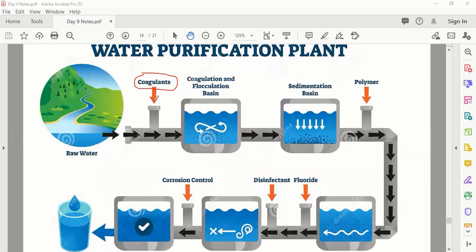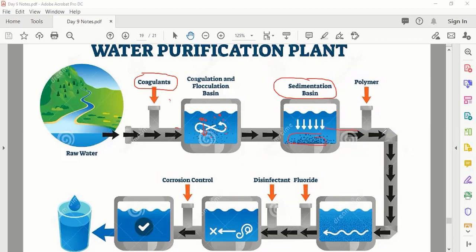What they will do, if there are small particles, when you throw this one, all the particles gather, they stick with each other and they settle down. And in this tank or basin, the sedimentation, all these particles which are spread in all the water, they settle down.